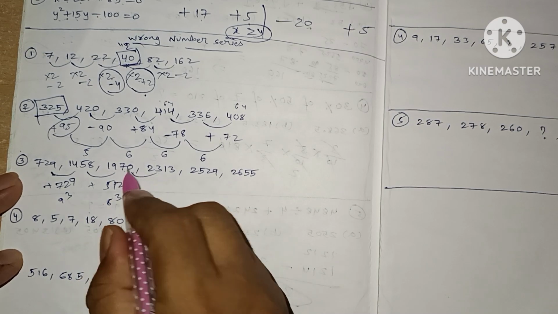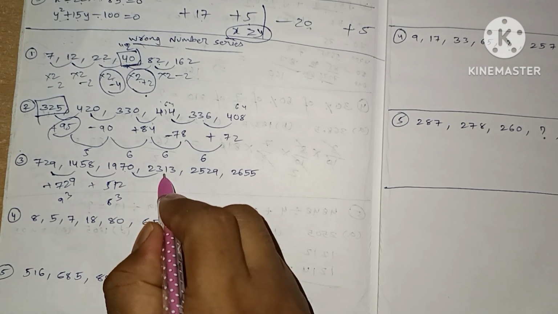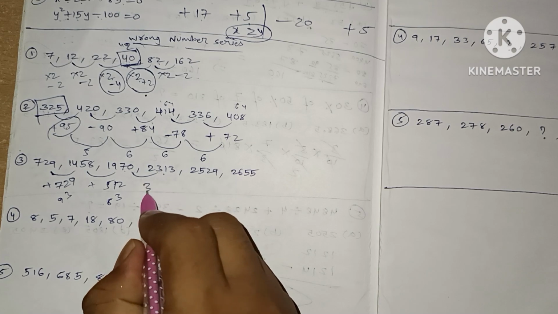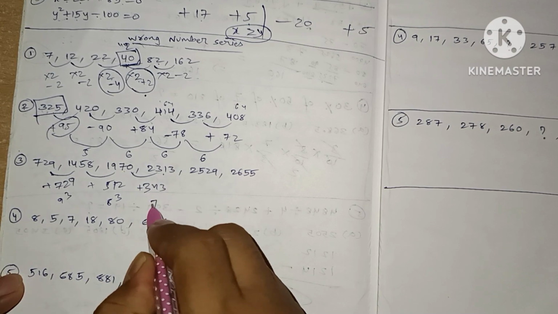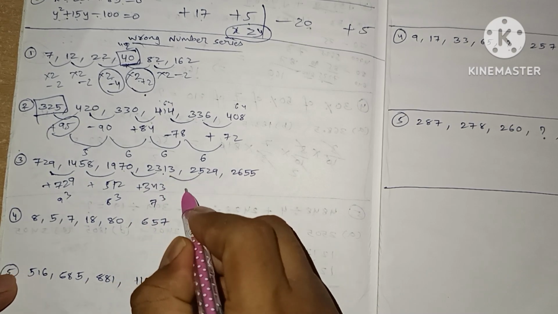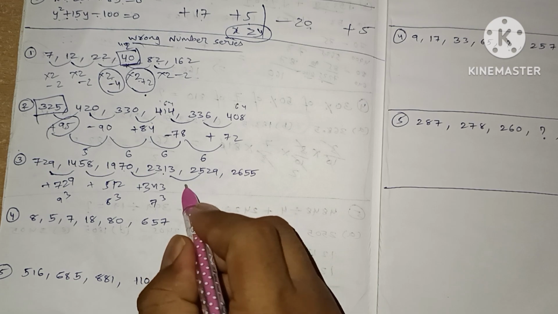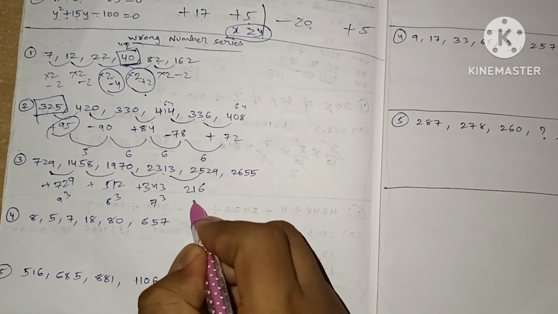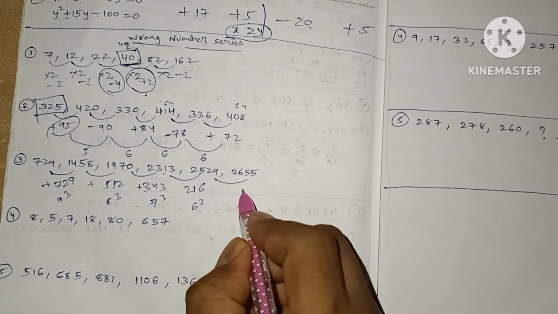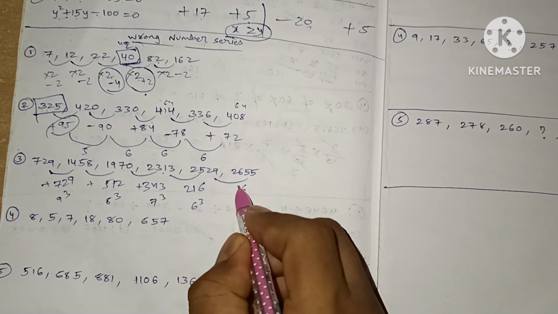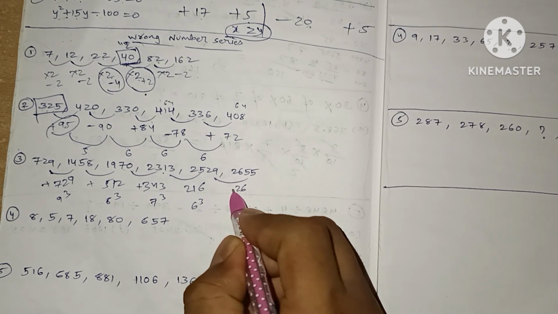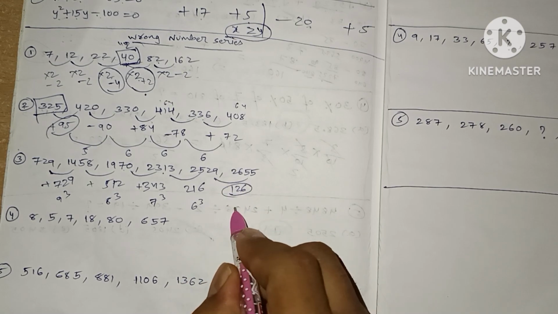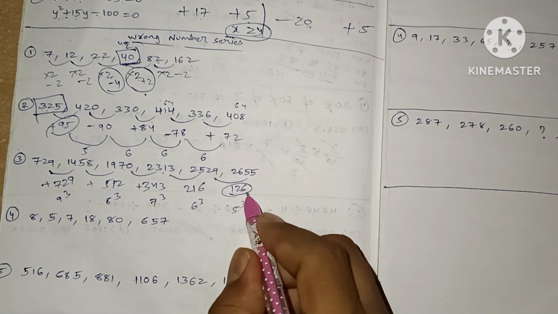Here we see a difference of 30 plus 313, which will be 343, so 7 cube. So here the difference between these two numbers is 6 cube, 216. Here the difference is 126, which is not a cube value, it must be 5 cube, which is 125, so it is a wrong number.